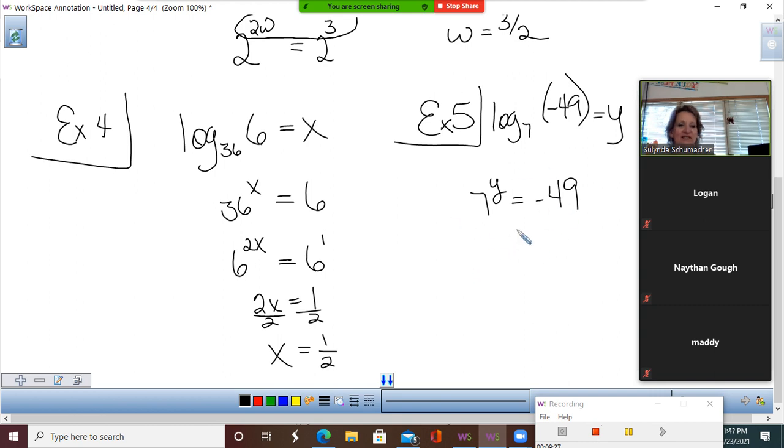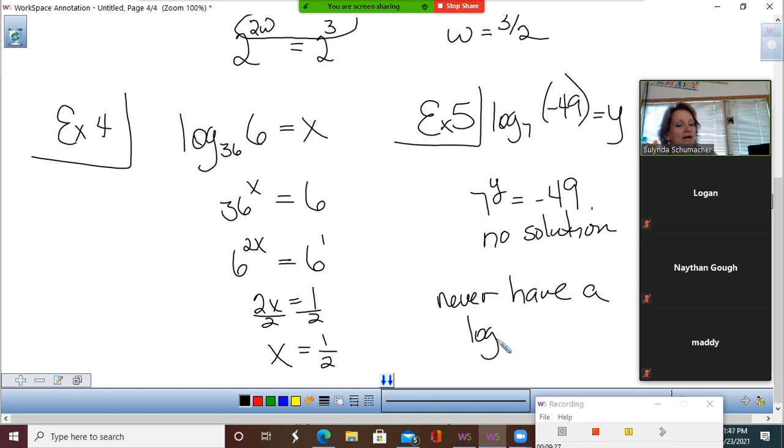So this is no solution. You can never, ever, ever have a negative number behind a log. This is automatically no solution.